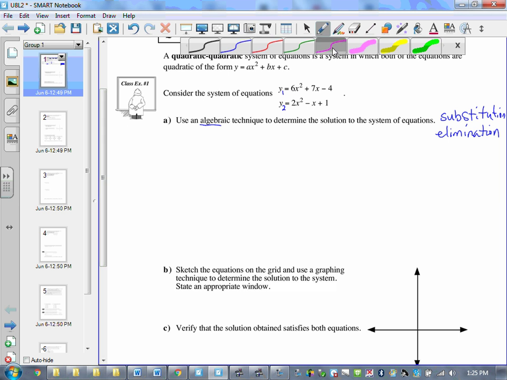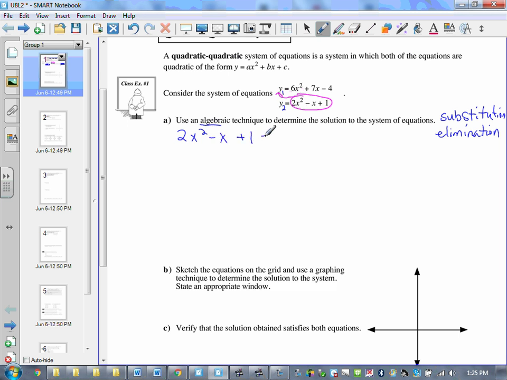Okay, so all we're doing for that is we can take what y equals here and plug it in for y in this equation. Would it matter which one you plugged in? No, wouldn't matter at all. So we've got 2x squared minus x plus 1 is equal to 6x squared plus 7x minus 4.